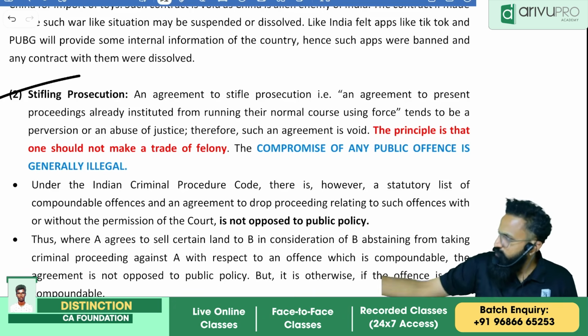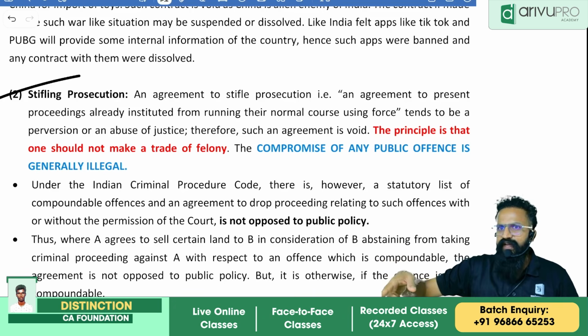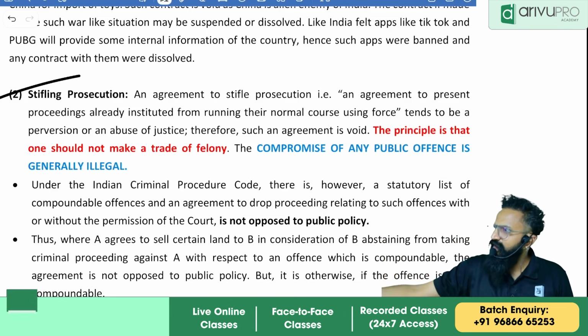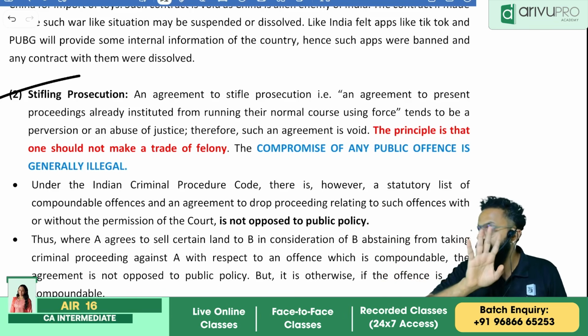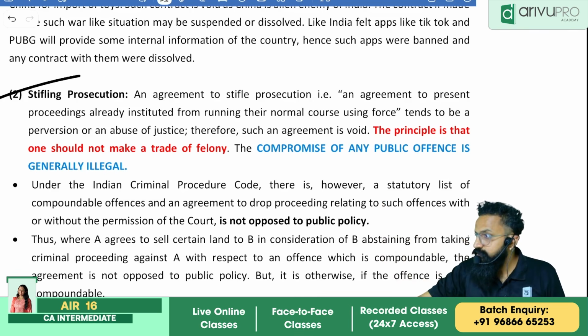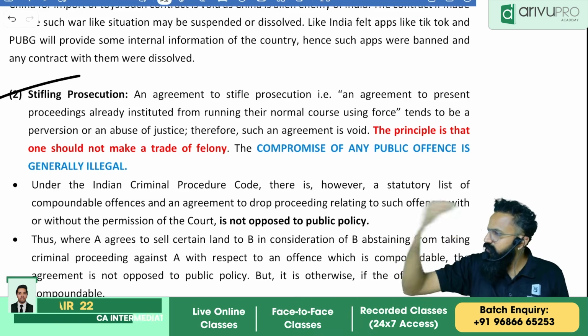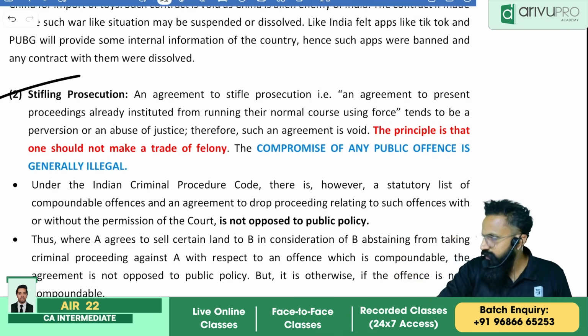Compoundable means, you hit someone's car, normal accident. Even if you go to court, court will tell you to pay money only. You pay here only. It's a compromise. It is allowed. So we can say that compoundable is 100% civil matters only. Clear?